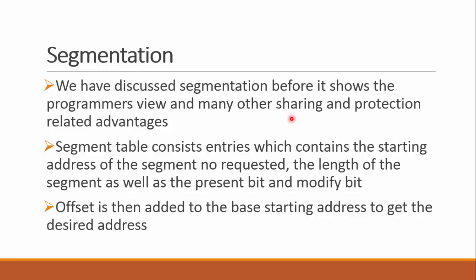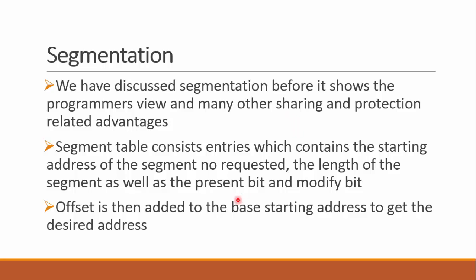There can be sharing and protection bits in the segments which denote that this can be shared, this is a protected segment, and all that. Like the page table, there is a segment table which contains the segment number, which refers to the starting address of the segment, and also an entry which denotes the length of the segment.